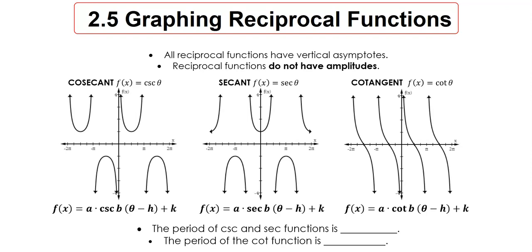So when we look here, what I want you to see is that cosecant and secant are the reciprocals of sine and cosine. So if I remember that cosecant is sine's reciprocal, my standard sine graph, if I'm graphing just the sine of theta, goes from my midline to 1, back to my midline, back to my low point, and then back to my midline.